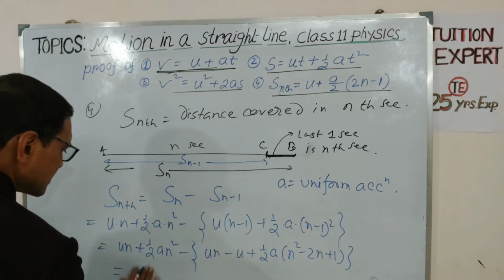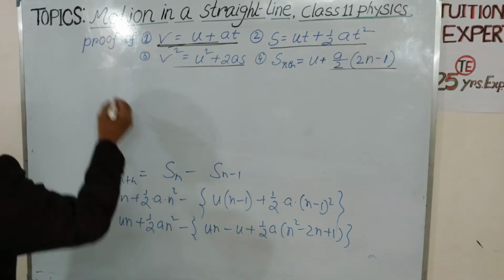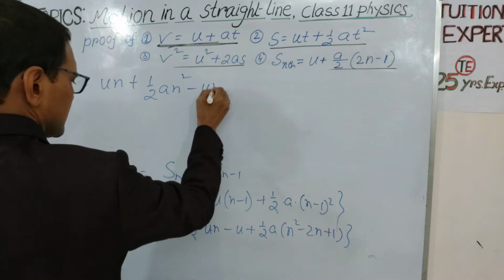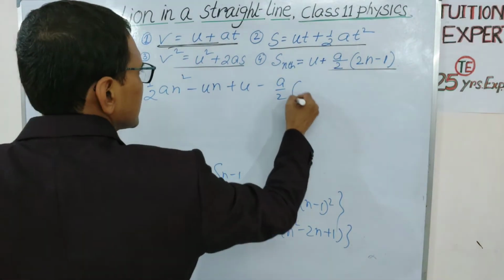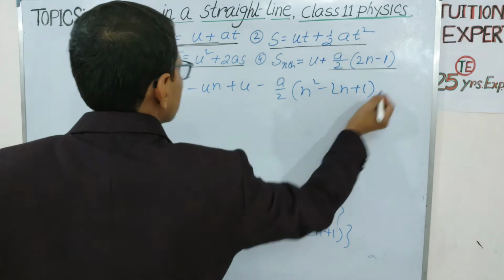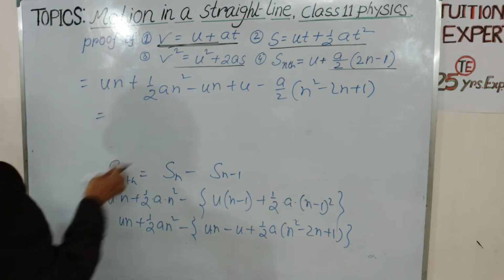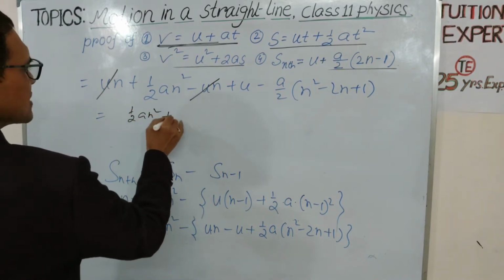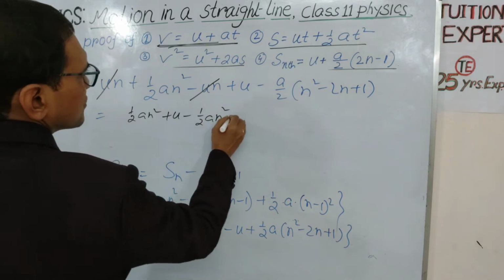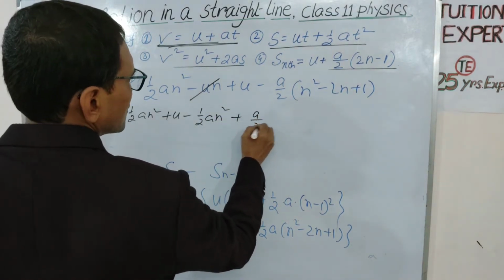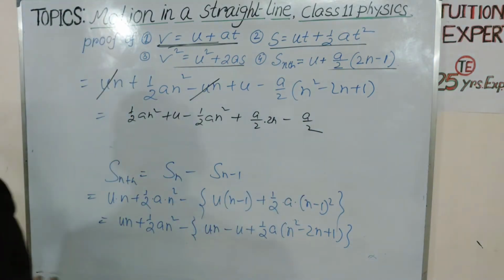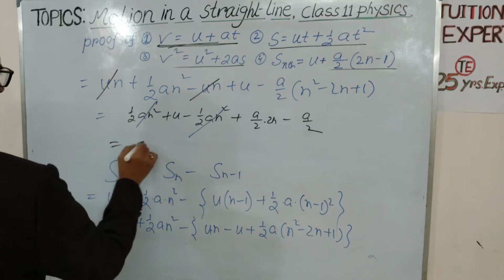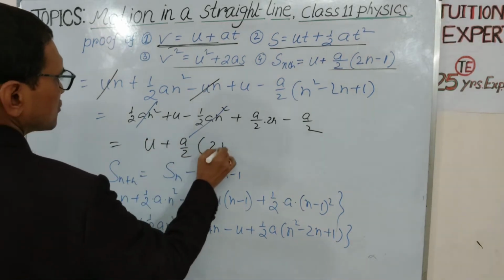Now this is equal to Un plus half a n square minus Un plus u minus a by 2 n square minus 2n plus 1, which is equal to, cancelling Un, half a n square plus u minus half a n square plus a by 2 into 2n minus a by 2. So this also cancels, and lastly we get u plus a by 2 into 2n minus 1.